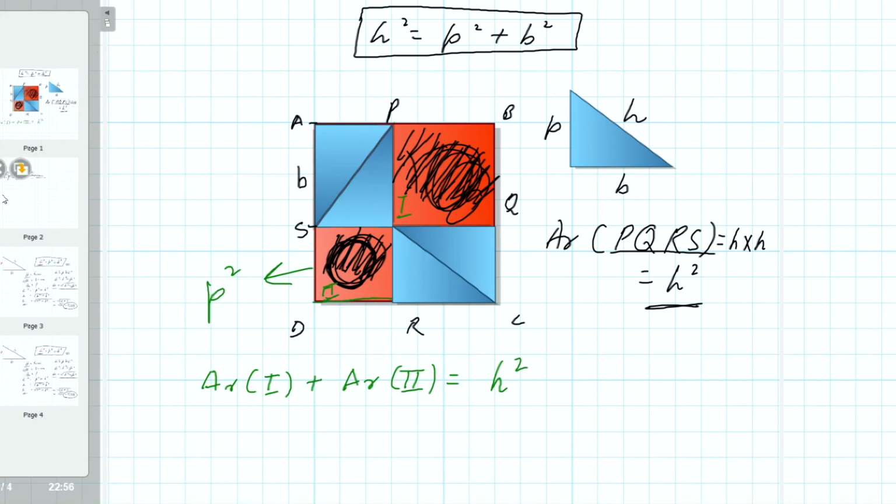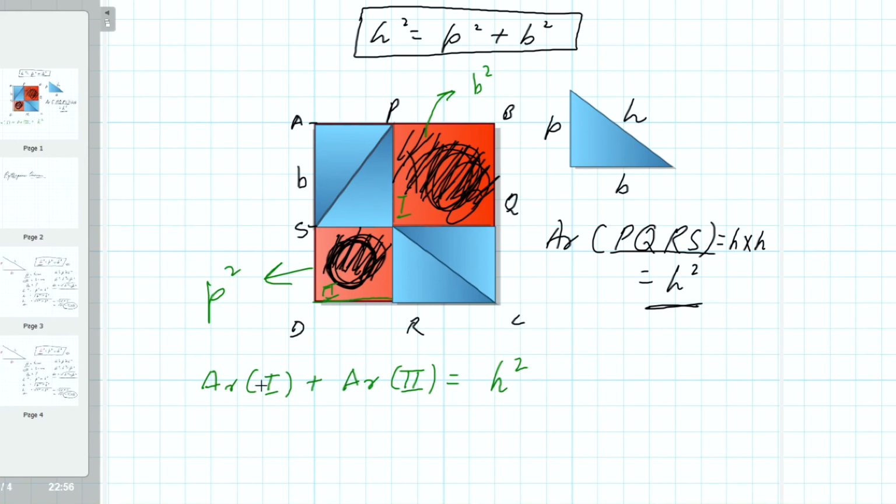Similarly, if we look at the first figure here, what will be the area of this square? If we try to find out the side of this square, we can conclude that the side will be equal to B, this base. So we can easily say that the area of this first figure will be equal to B square.